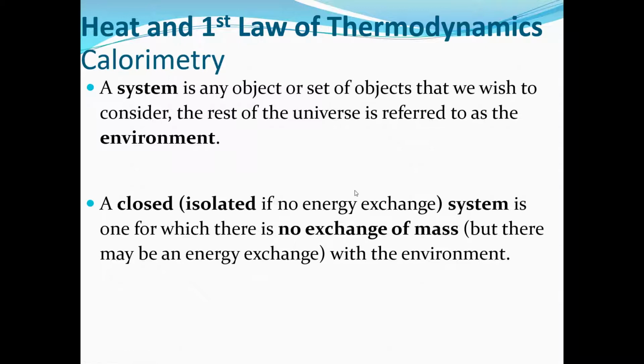There's a closed system, which is one where there is no mass being exchanged between the system and the environment. Now, there could be energy being exchanged, but there's absolutely no mass. A good example of a closed system would be a pot of water with a cover on top.